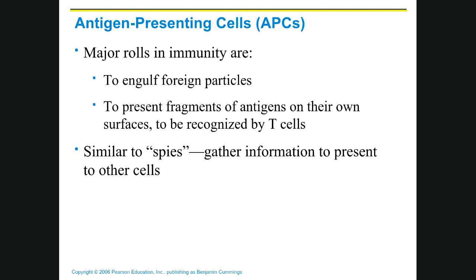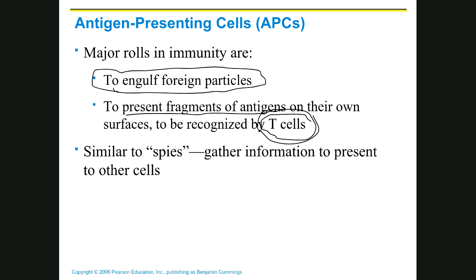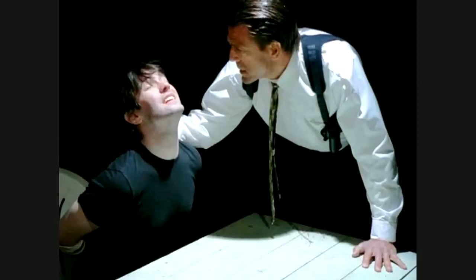Then they take pieces of those foreign particles, little fragments, and carry them and show them off, or present them, to T cells. So they're sort of like interrogators. They gather information. They're all about information about the enemy, about the pathogen.